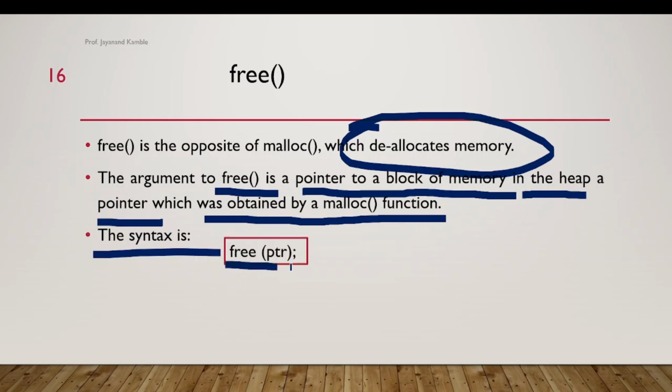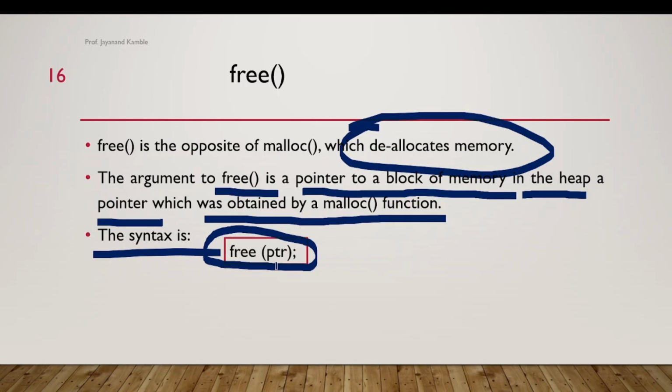Syntax is very simple: free in brackets ptr, that is, the pointer that we have created. We have created cp and ip, so we just use free cp or free ip. It is going to deallocate the memory which was allocated to these pointers.